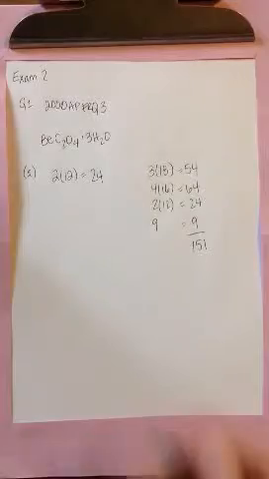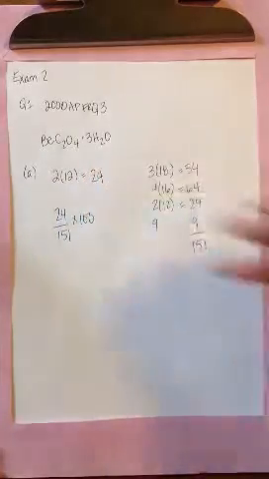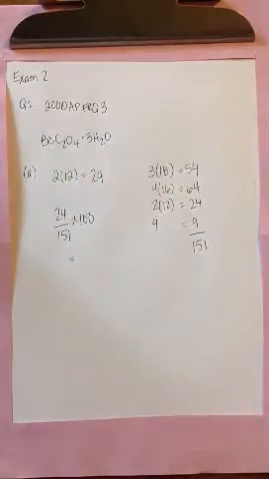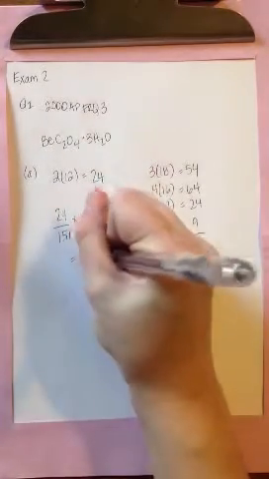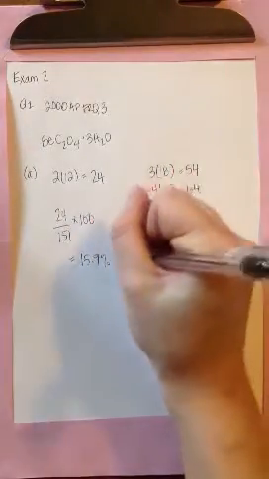So if I do 24 divided by 151 times 100, that'll give me 15.9% by mass carbon.